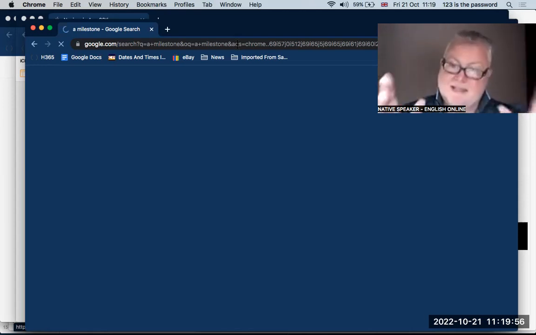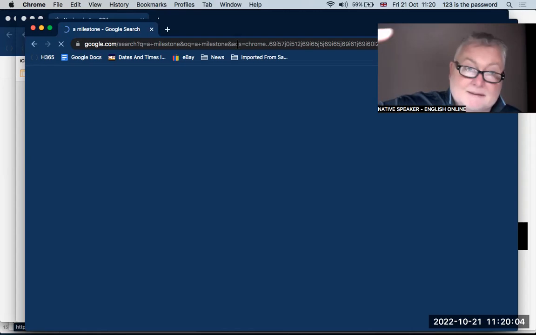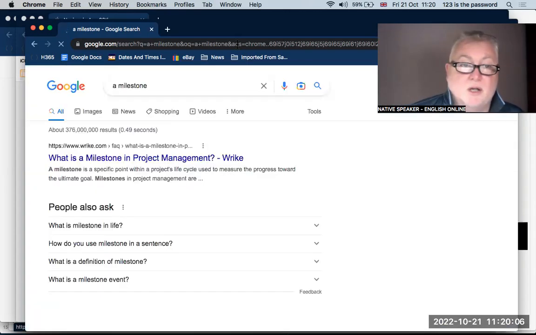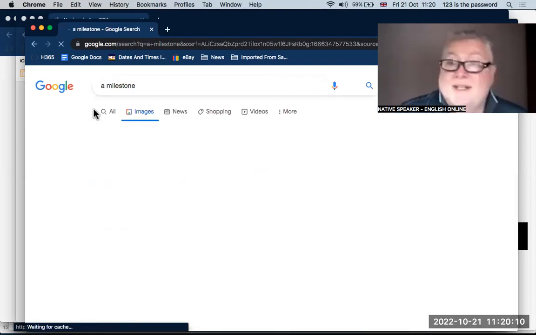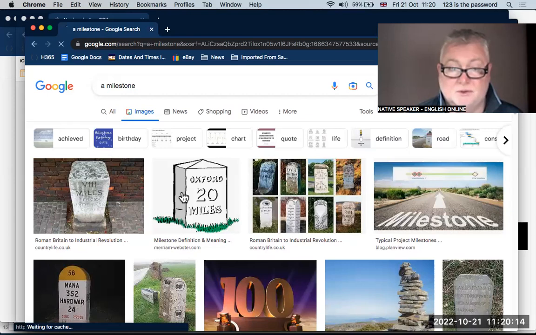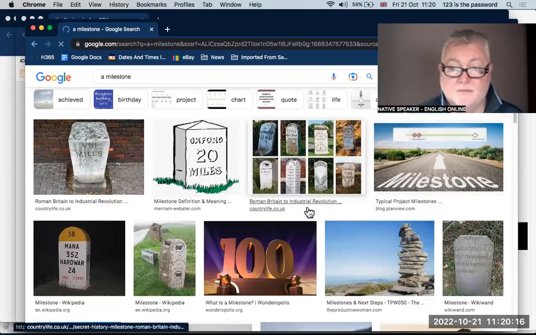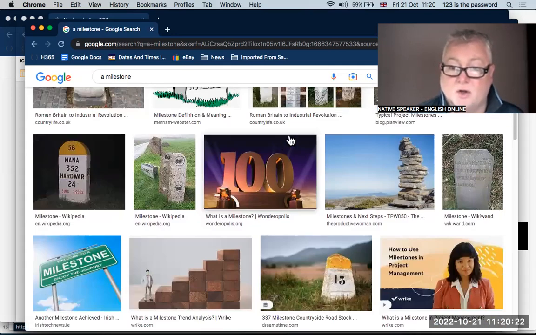So the city or the government would put a stone on the road and somebody would chip, chip, chip, chip, chip, tell you how many miles or kilometers were left to go. So you see, that's a milestone, okay? And sometimes they were just written in stone. These are milestones here, okay? And they tell you how far to go.